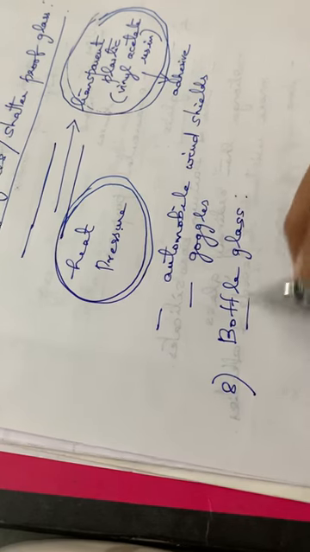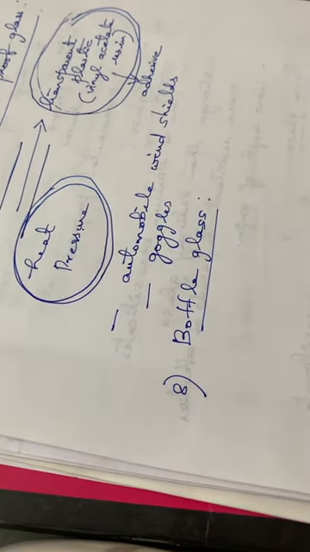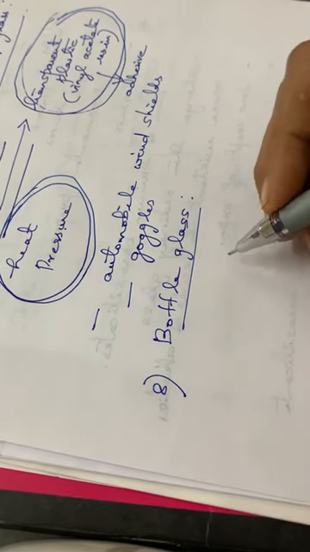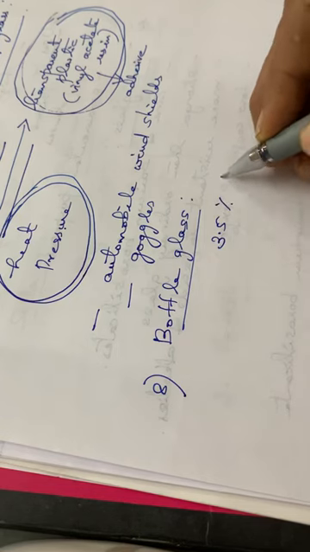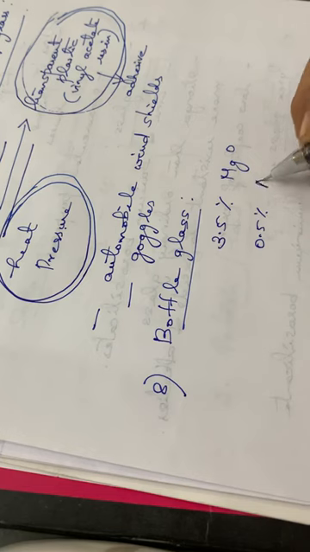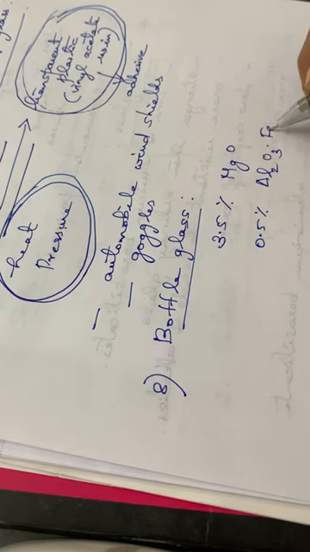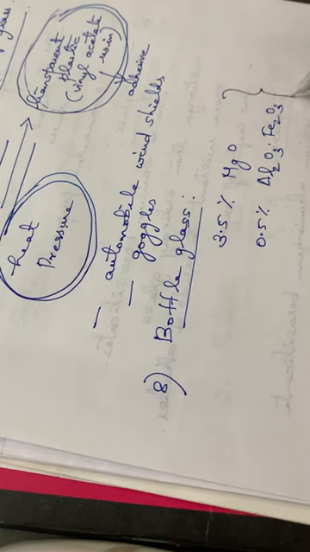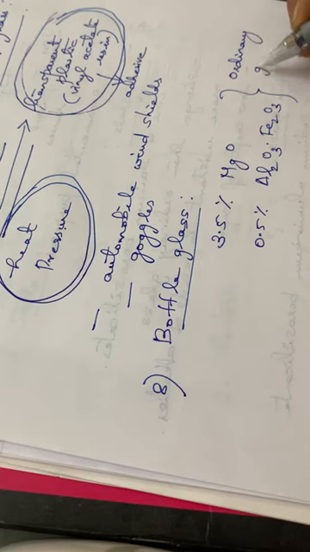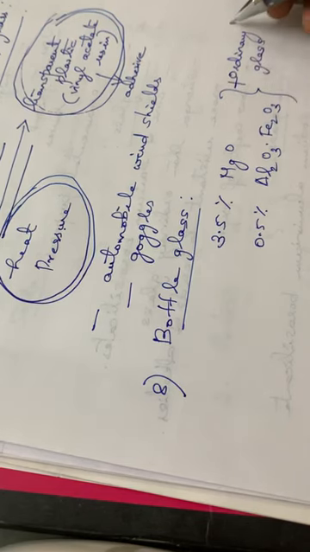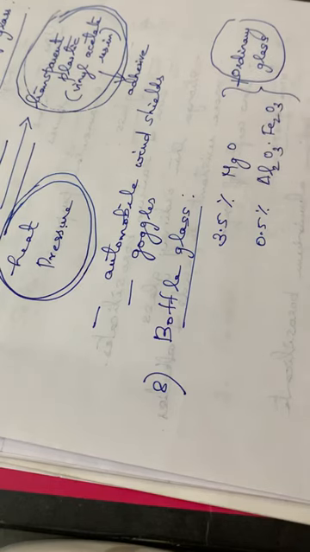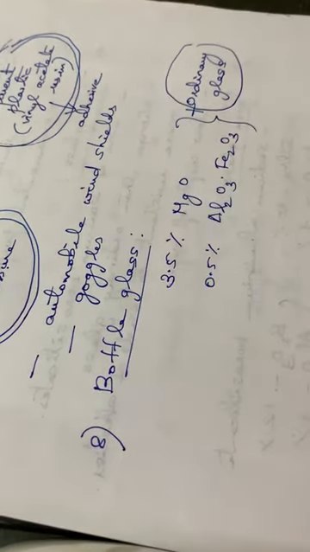Bottle glass. Here, bottle glass means ordinary soda lime glass; along with that composition, it will have 3.5% magnesium oxide and 0.5% alumina, mixed with Fe2O3, ferric oxide.